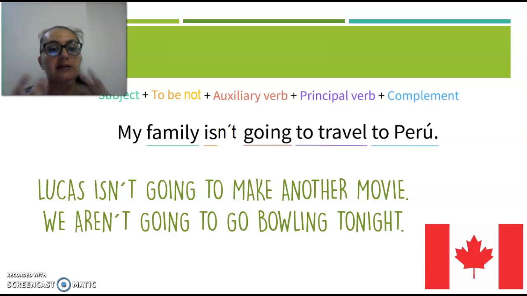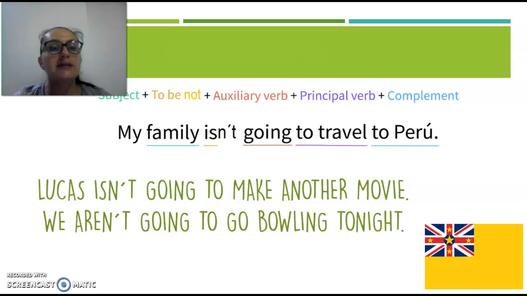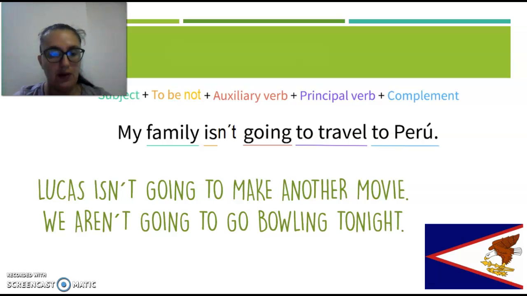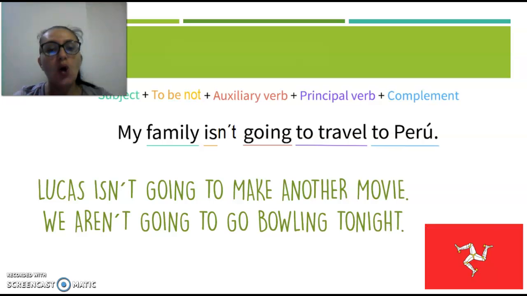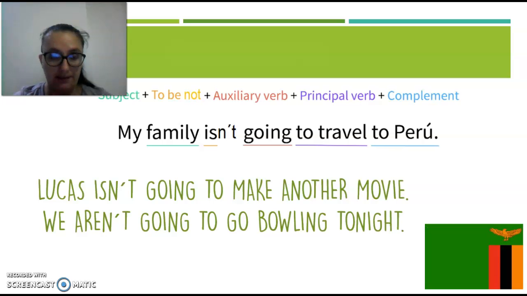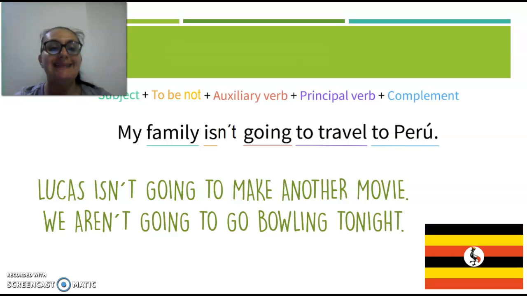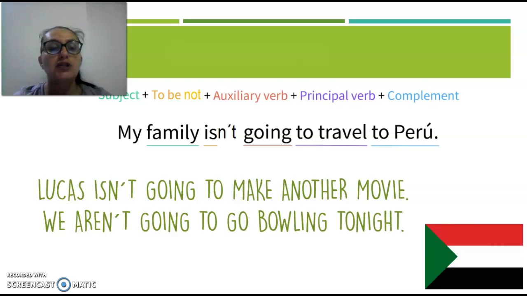Lucas isn't going to make another movie. Or Lucas is not going to make another movie. We aren't going to go bowling tonight. Or we are not going to go bowling tonight. Remember the to be with the auxiliary, the verb to be.